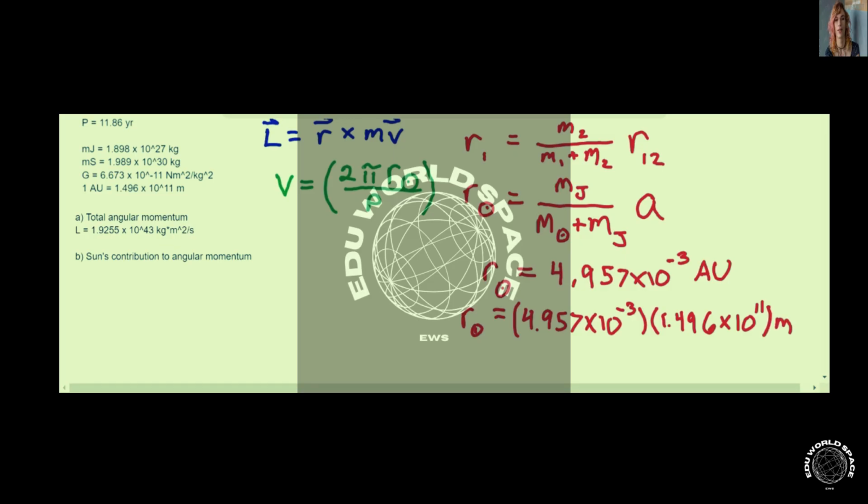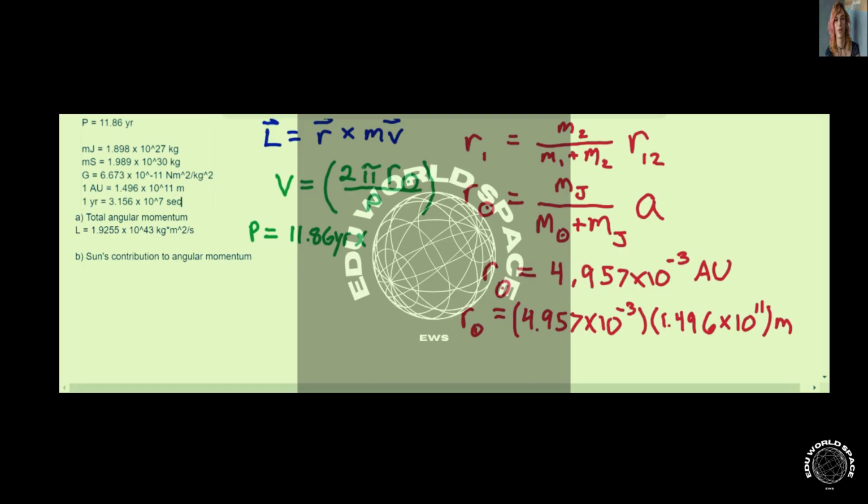Similarly, we're going to have to do a unit conversion for the period. So the period it gave was 11.86 years, but we need it in seconds. So to do that conversion, it's going to be 11.86 years times, we can actually look up the unit conversion in the appendix, that 1 year is equivalent to 3.156 times 10 to the 7th seconds.